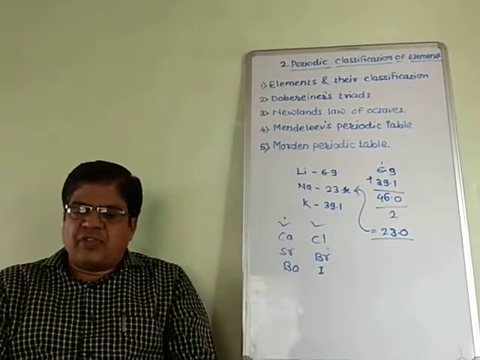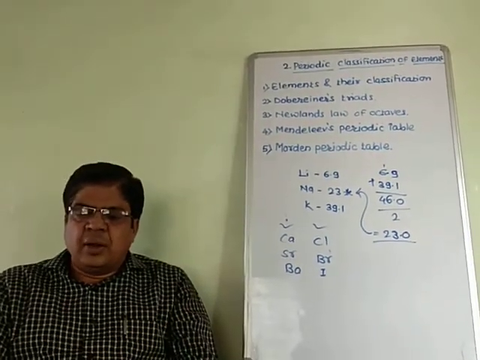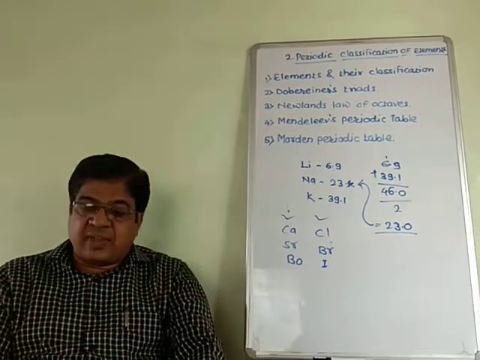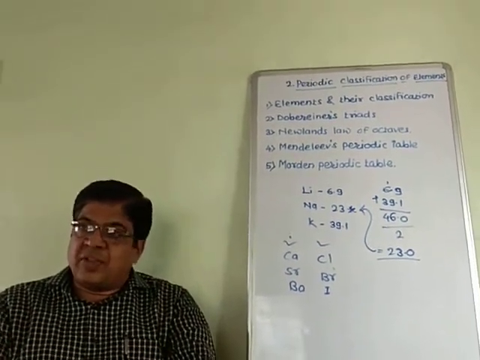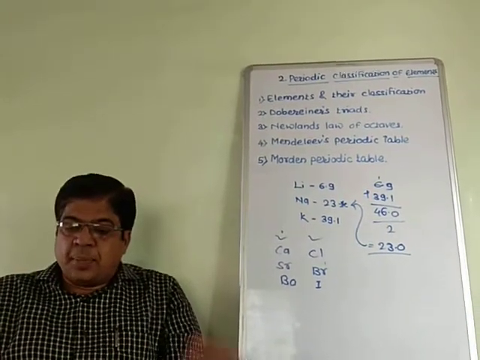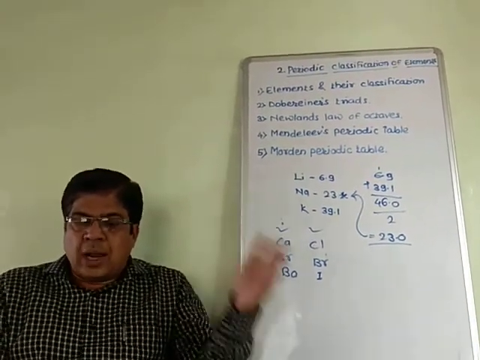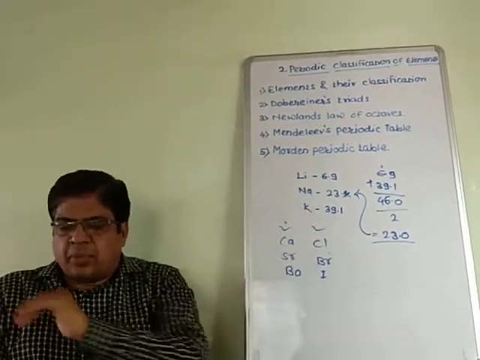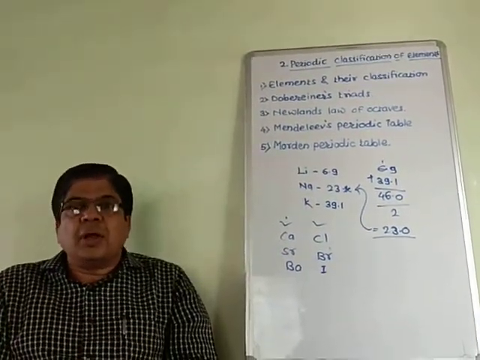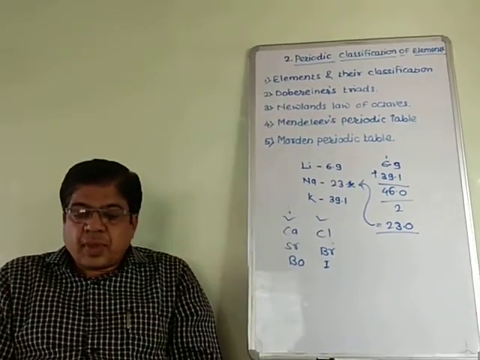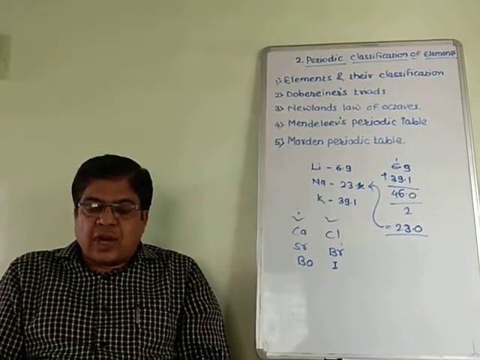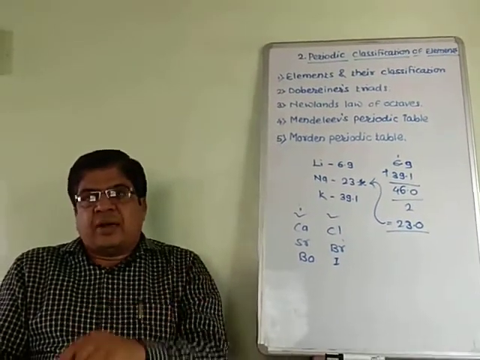The number of valence electrons is different in these elements. However, the number of shells is the same. The number of shells is the same, but the valence electrons are different in the period. While going from the left side to the right side of the modern periodic table, the atomic number increases by 1 at a time, and the number of valence electrons also increases by 1 at a time.